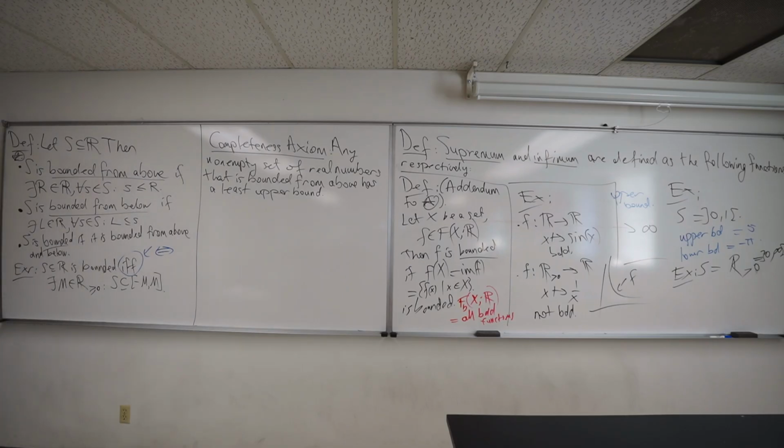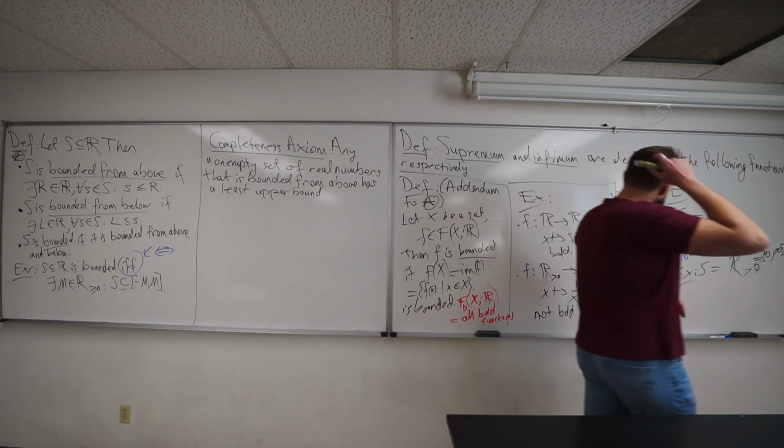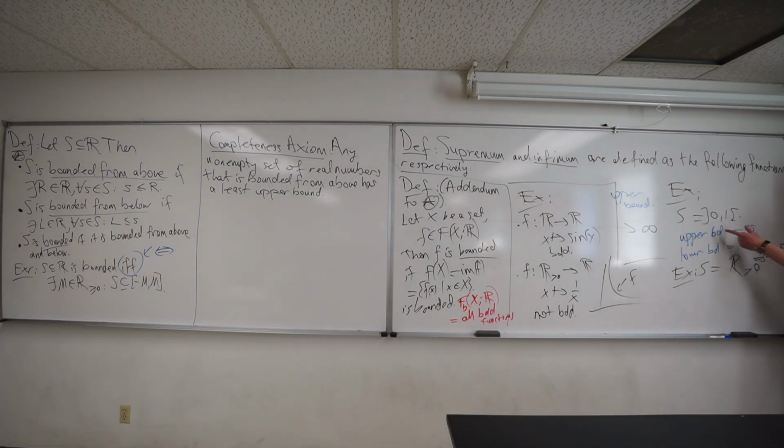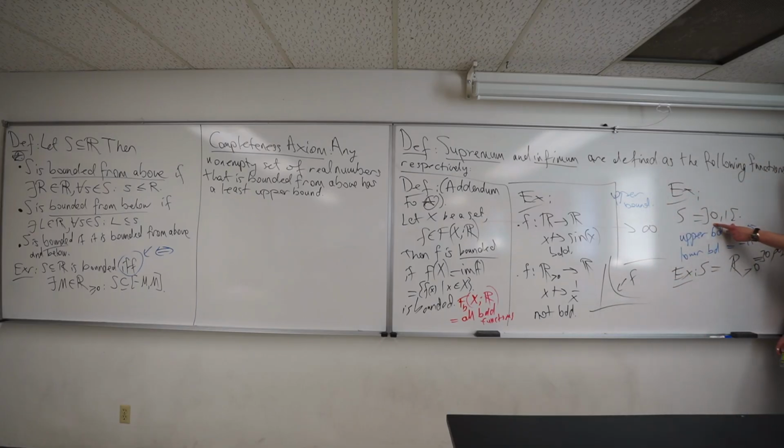Any continuous function defined on a closed and bounded interval attains its max and min. So for instance, I can imagine 1 over x to be defined on this. On this, it's not bounded, and it doesn't attain its max. But this is not a closed interval, for instance. This is an open interval. We're going to talk about all this later.